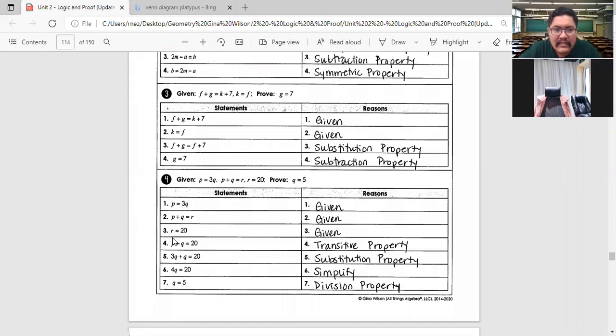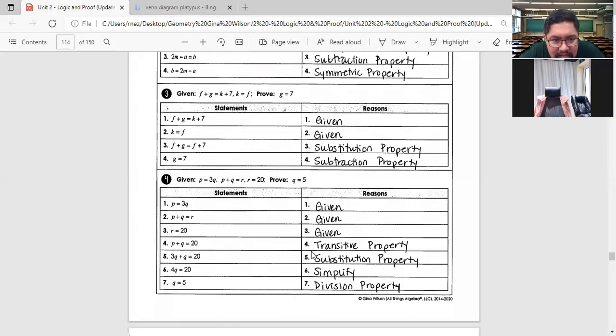Now, how did we get to step 4? So remember, if you want to get reason number 4, we have to ask ourselves, how did we get to number 4? Well, it looks like they substituted it in because R is 20. They took out the R, replaced it with 20. So P plus Q is 20.